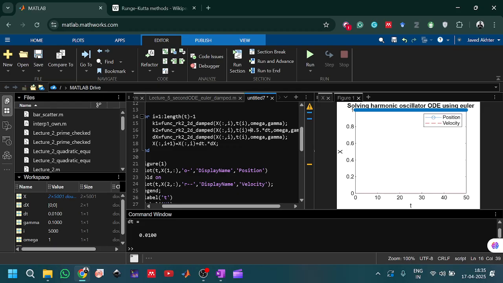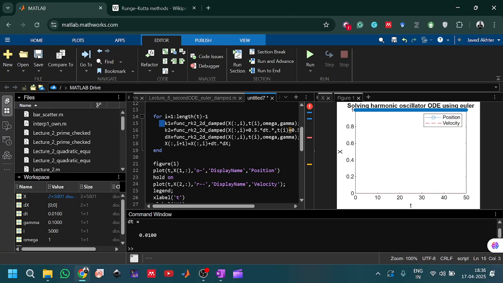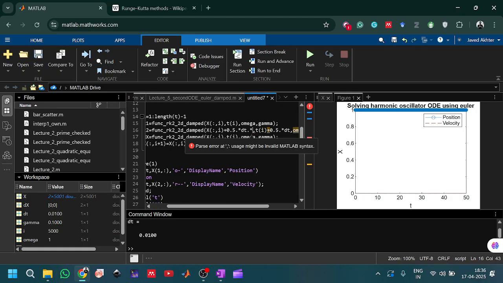You will write x plus 0.5 dot star dt dot star. You have to put a dot star because K1 is now a vector. So here you have to write this K1.